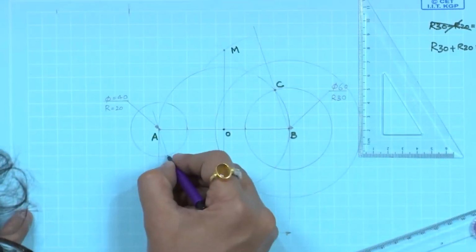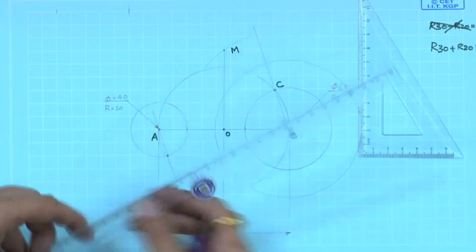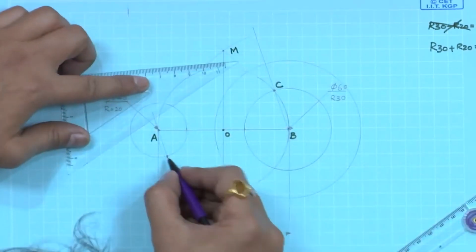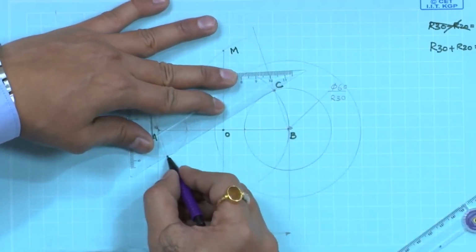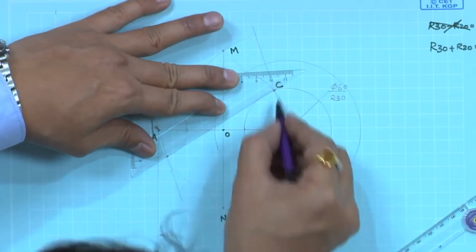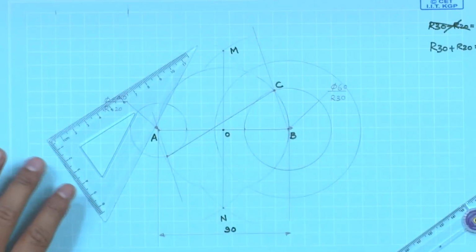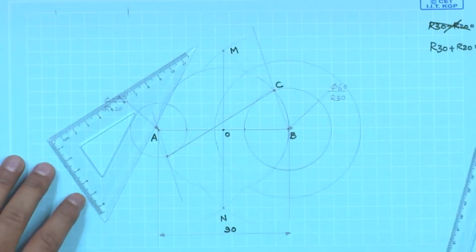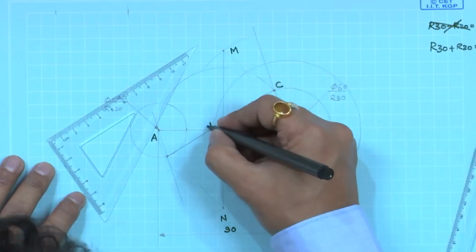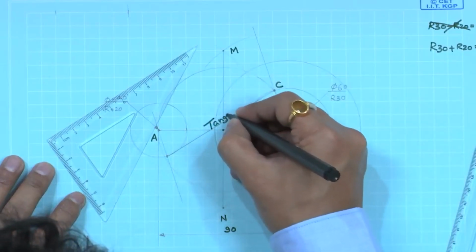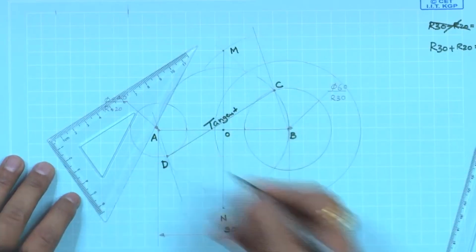So, it is going to intersect at this point. Now, join these 2 points A and C. And this is the way we construct a tangent line, and let us call this point D.